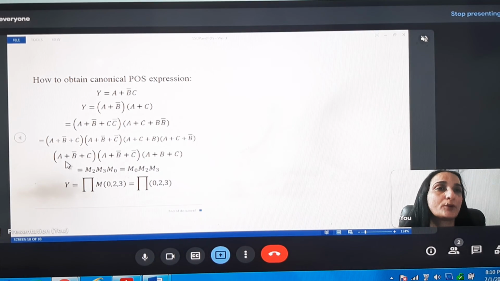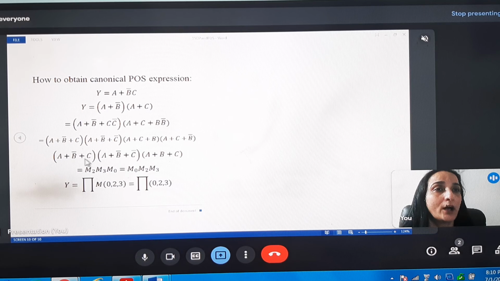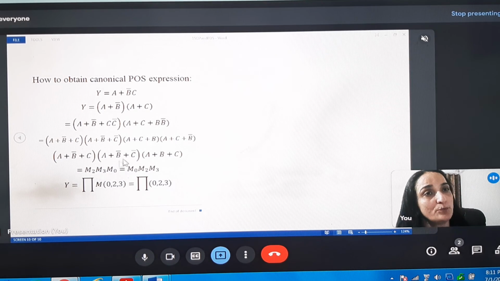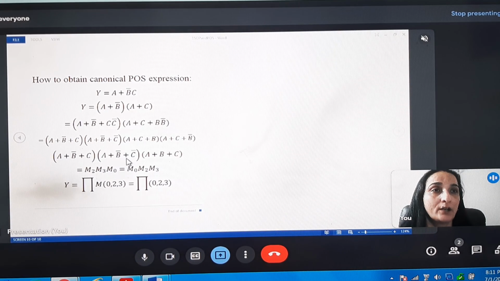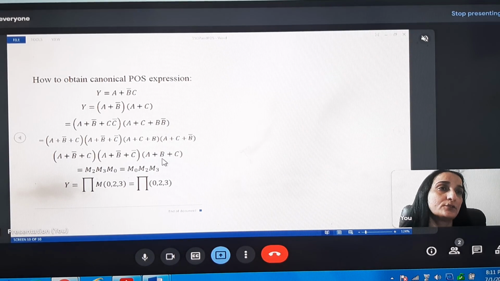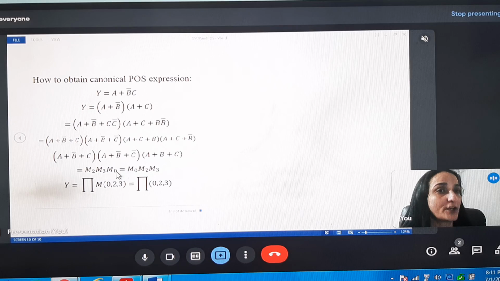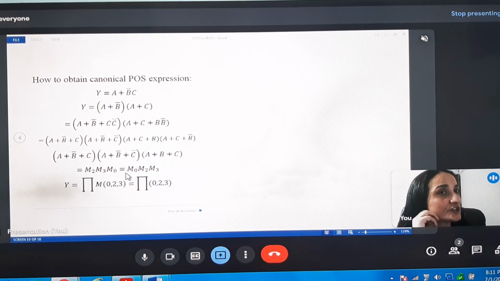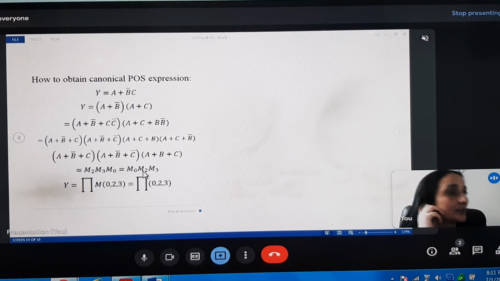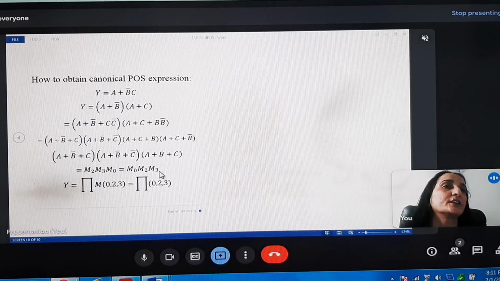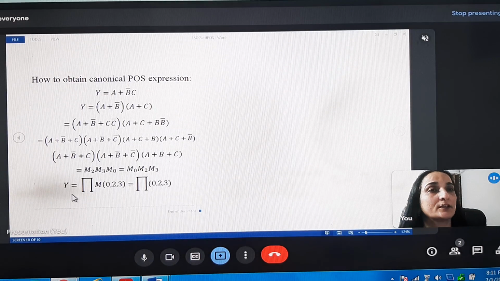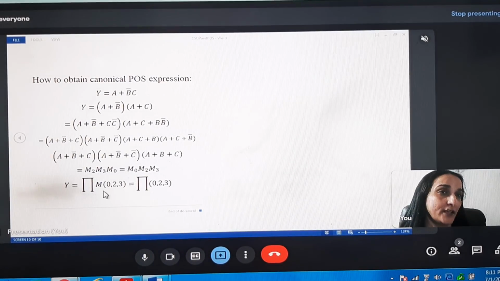This corresponds to 0, 1, 0, M2, then 0, 1, 1, M3, and 0, 0, 0, M0. So you can arrange it in ascending order, M0, M2, M3, or you can write it also as Y is equal to product sign M 0, 2, 3.